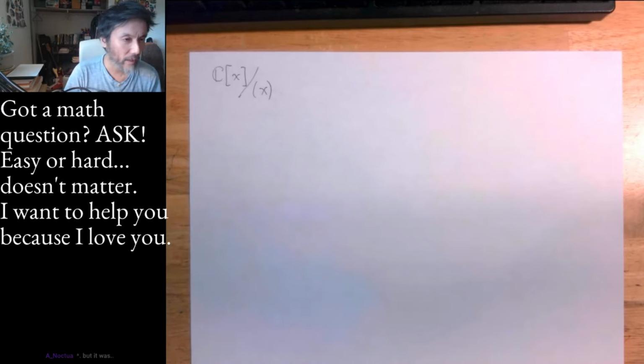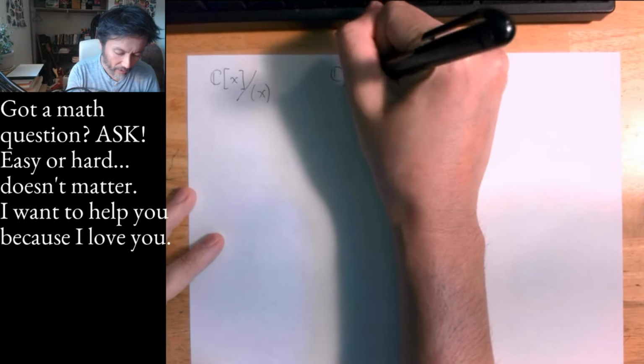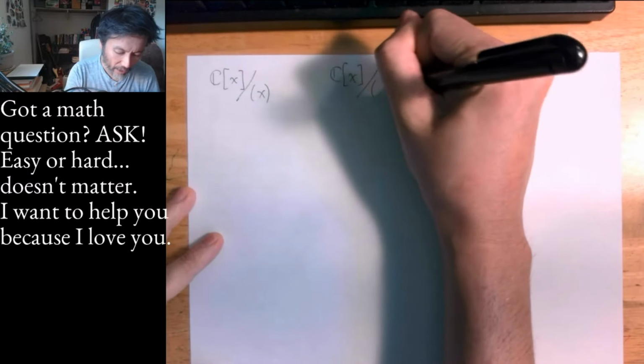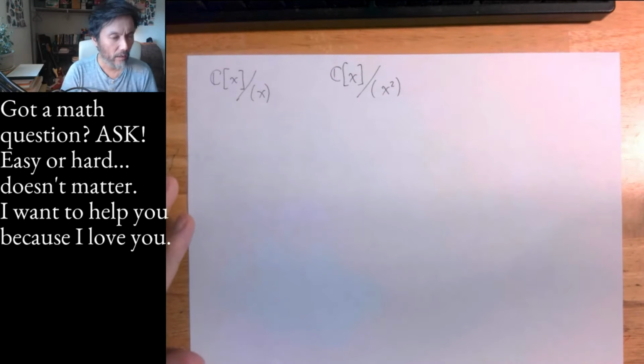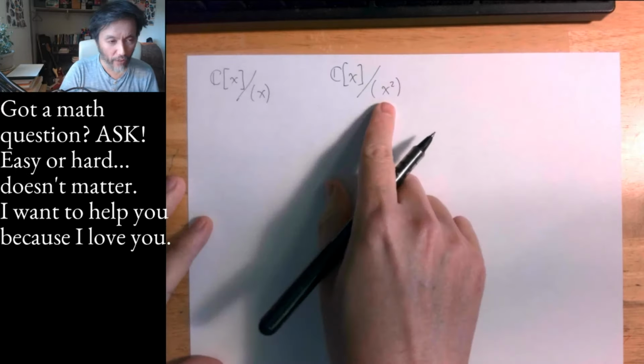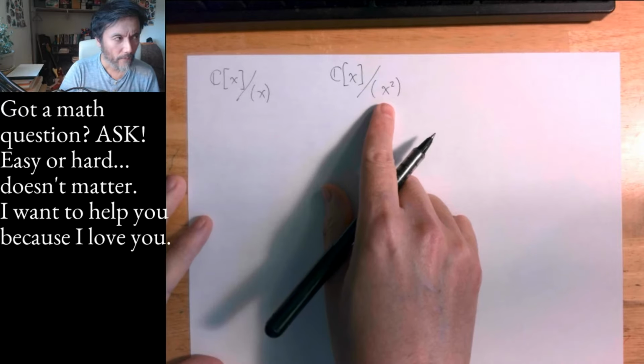On the other hand, we could also think about C[X] modulo the ideal generated by x squared. Now, it's still true that every function in this ideal vanishes at 0, right?